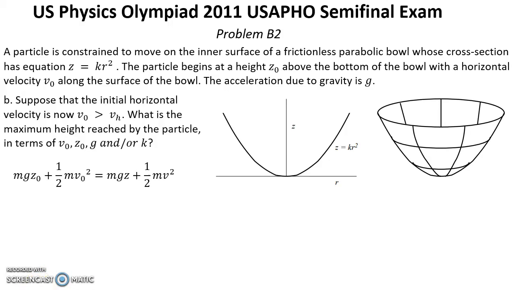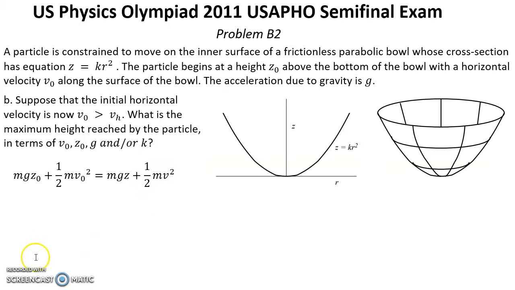At height z0, we have mg z0 plus 1/2 mv0 squared equal the same thing at point z. So potential energy at point z, which is mgz, plus kinetic energy at point z, which is 1/2 mv squared.